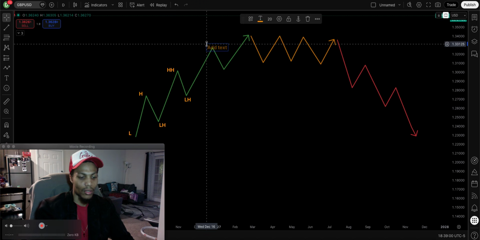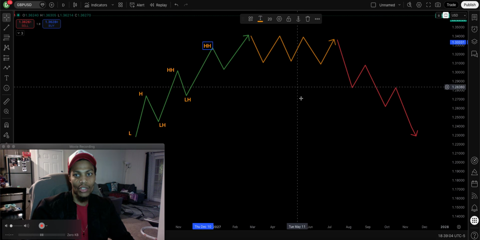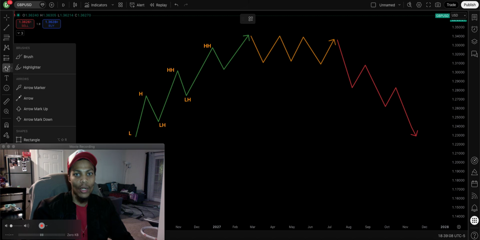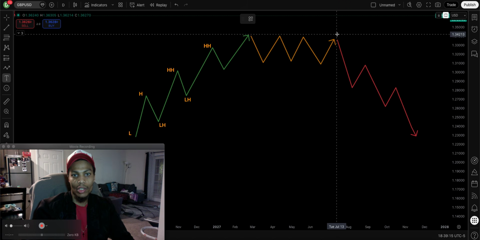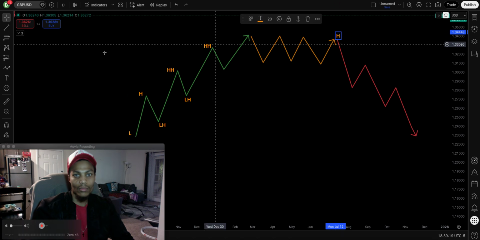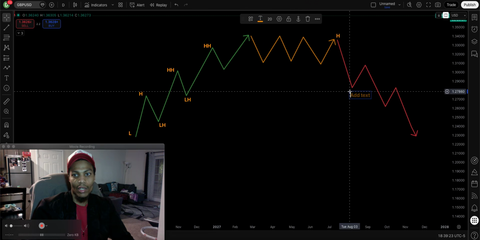This will be considered our transition phase, which means it's not going higher anymore, and then all of a sudden it breaks this low right here. Then you have the high, and then you have the low.